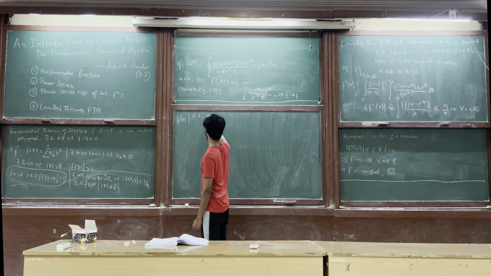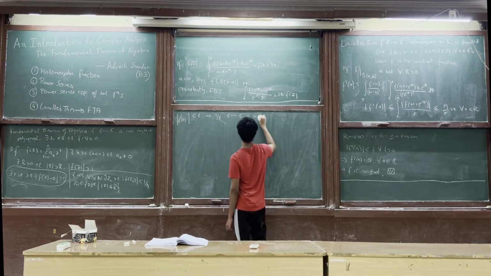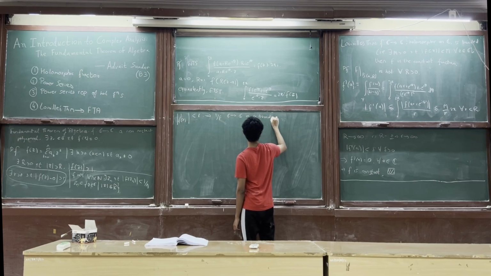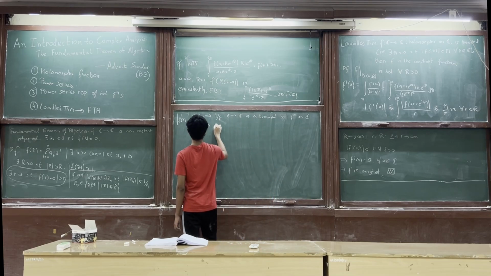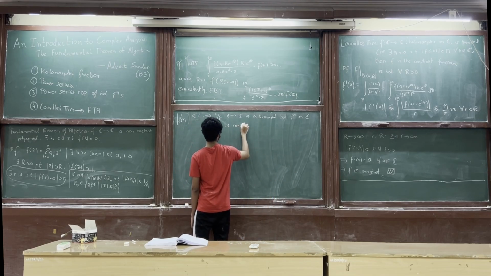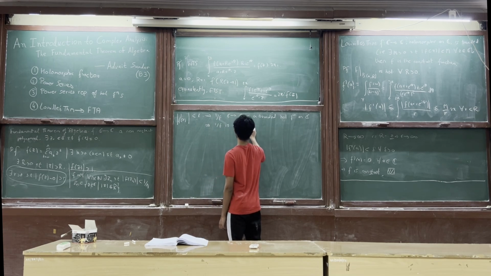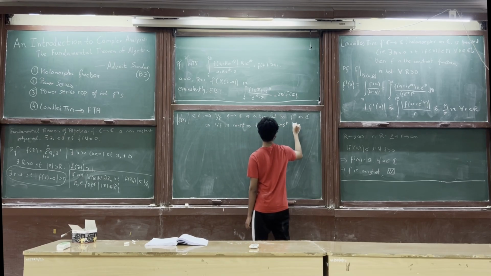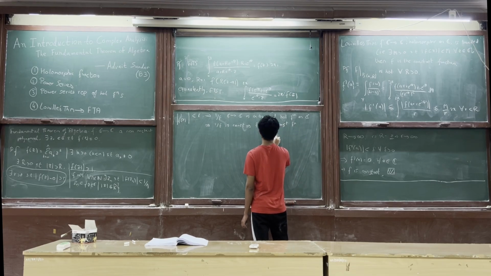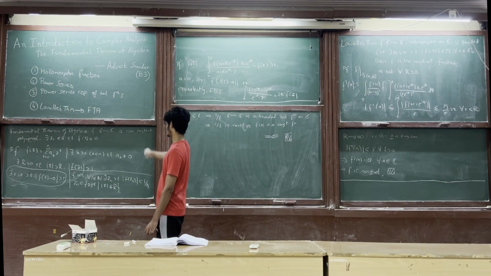So this gives us that 1 by f from C to C is a bounded holomorphic function on C, which tells us that 1 upon f is constant, non-zero because 1 upon f can never be 0, which tells us that f of z is a constant function, which obviously gives us the required contradiction and concludes the proof that any non-constant polynomial will always be 0 at some point.